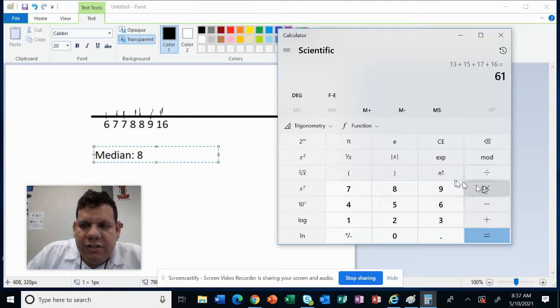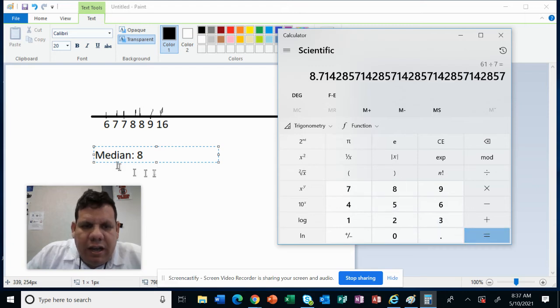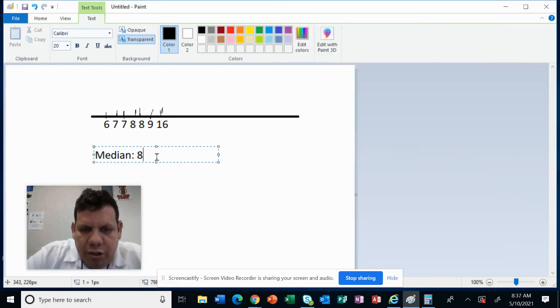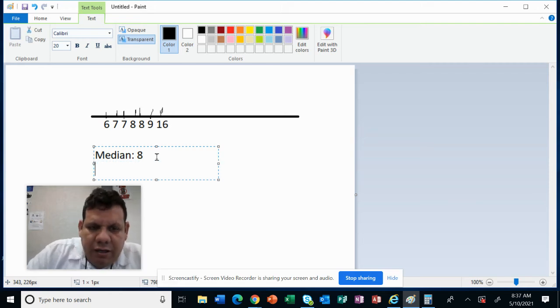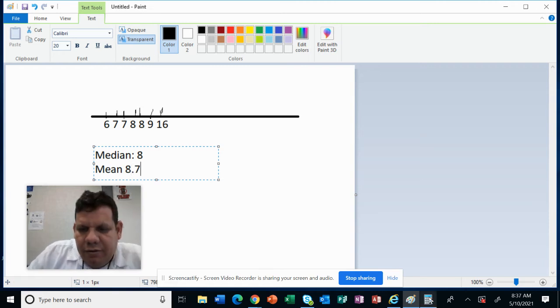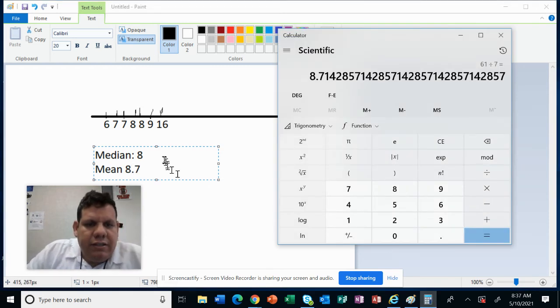Just remember that we have so far seven values in our data set. So we have a mean of 8.7. This is our mean.